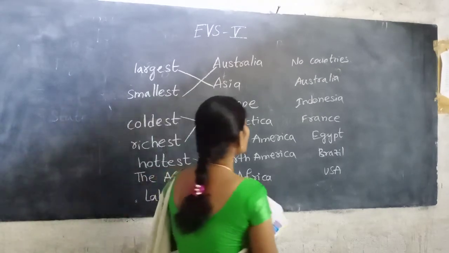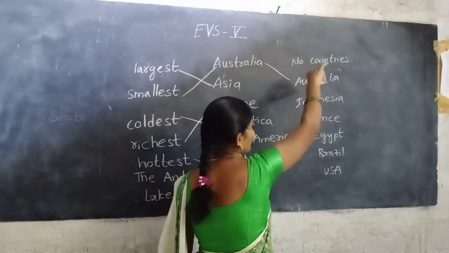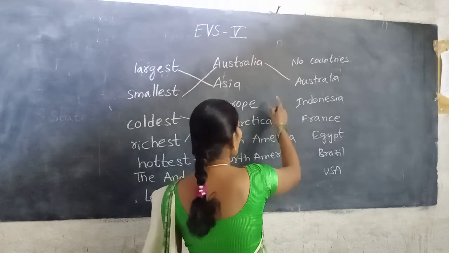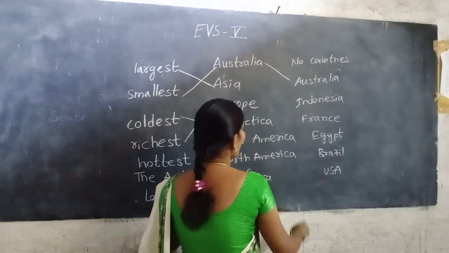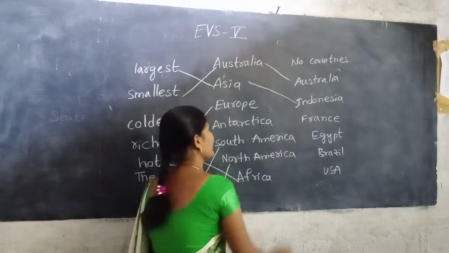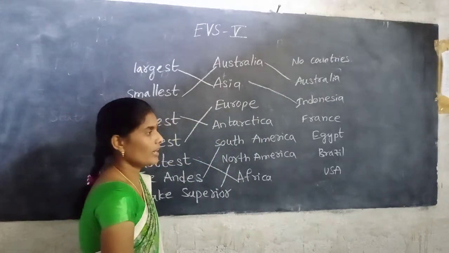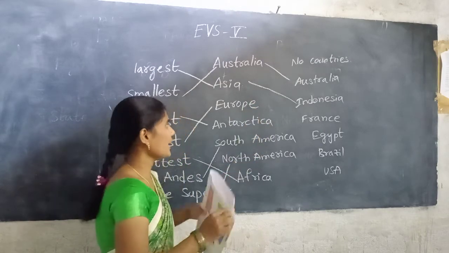Next, Australia. Amma, Australia only. It is the continent and also a country. Asia: Indonesia is one of the countries in Asia.